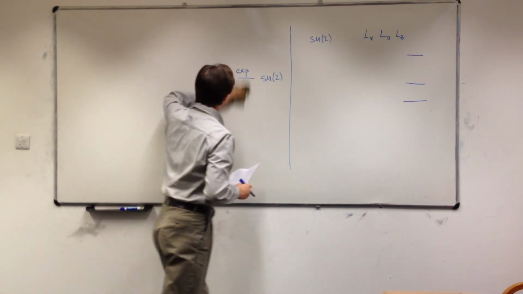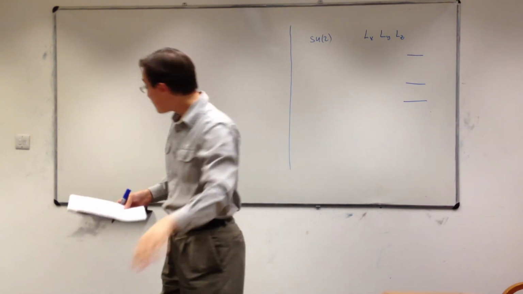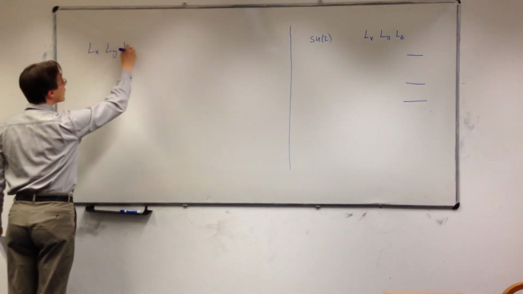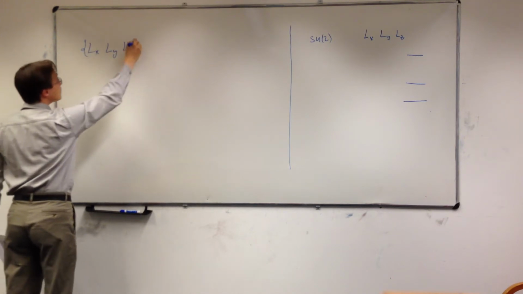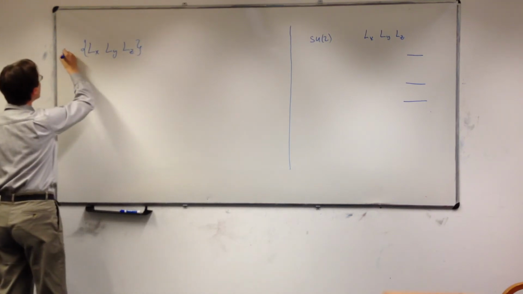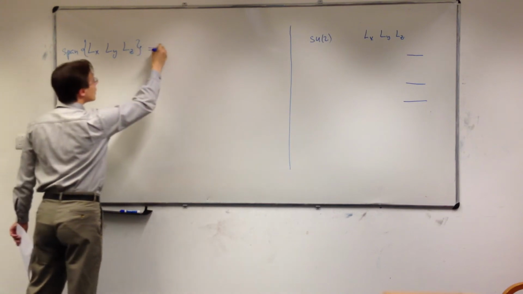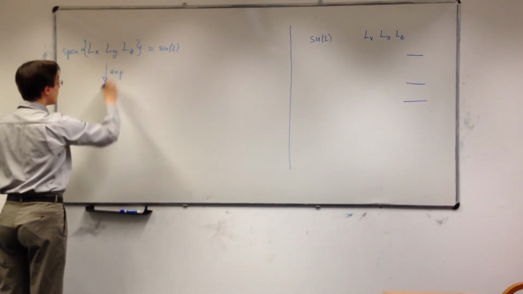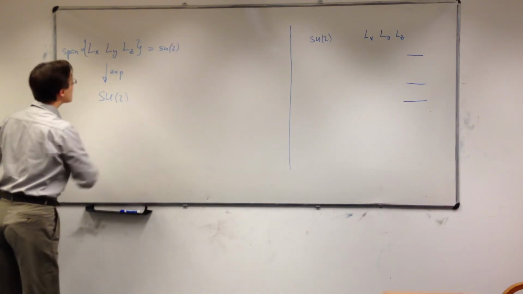If we take spin 1, then things like Lx, Ly, and Lz will definitely span and generate the SU2 group.